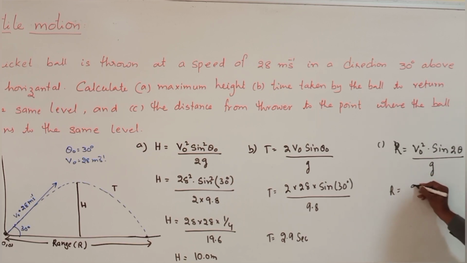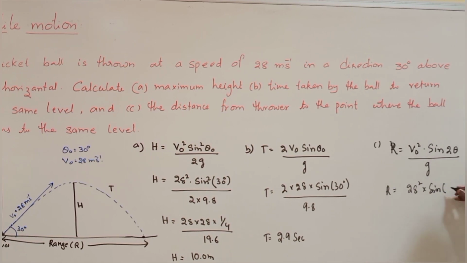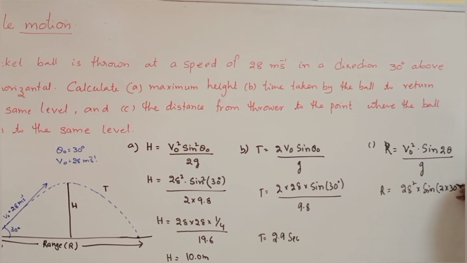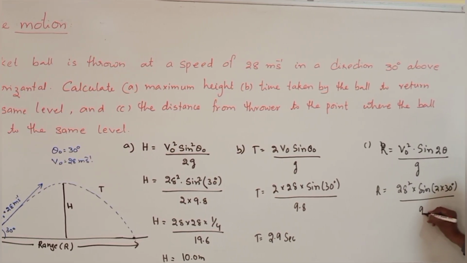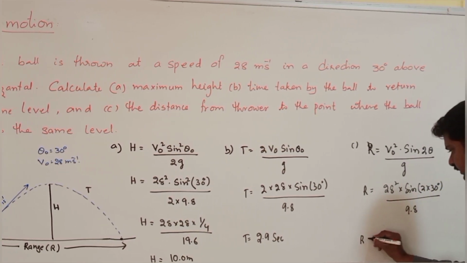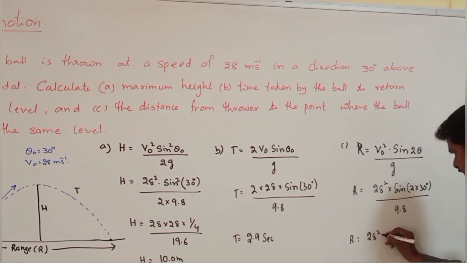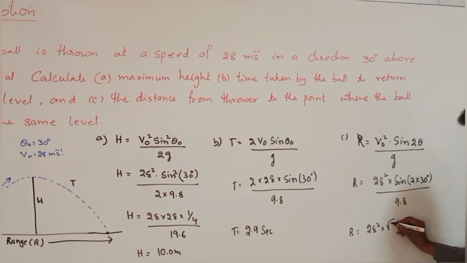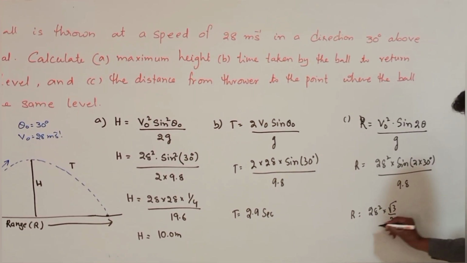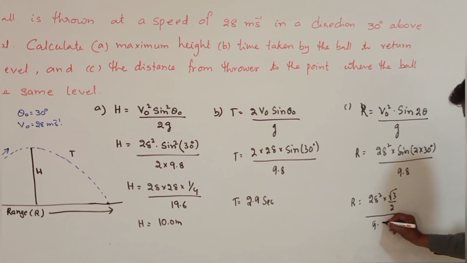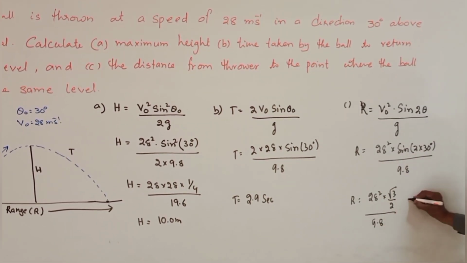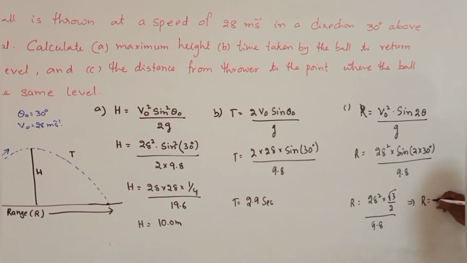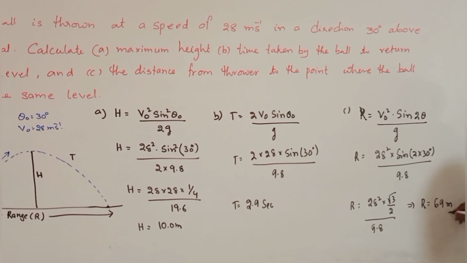R is equal to 28 square sine of 2 into 30, which is 60 degrees, by 9.8. R is equal to 28 square into sine 60, which is root 3 by 2, divided by 9.8. If you calculate it, approximately it is 69 meters.